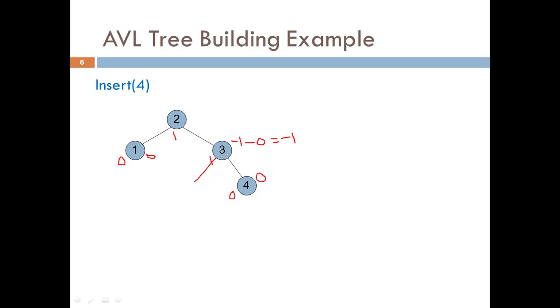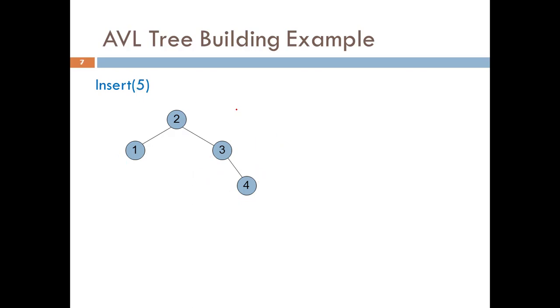So it means there is no rotation needed, but this is the insertion and we need to check up to the root level. So balance factor of this node is height of left subtree, which is 0, minus height of right subtree, this one, which is 1. So 0 minus 1 is -1. So it means this is also in the range. So balance factor of this is also -1. So no need to perform any rotation while inserting the value 4.